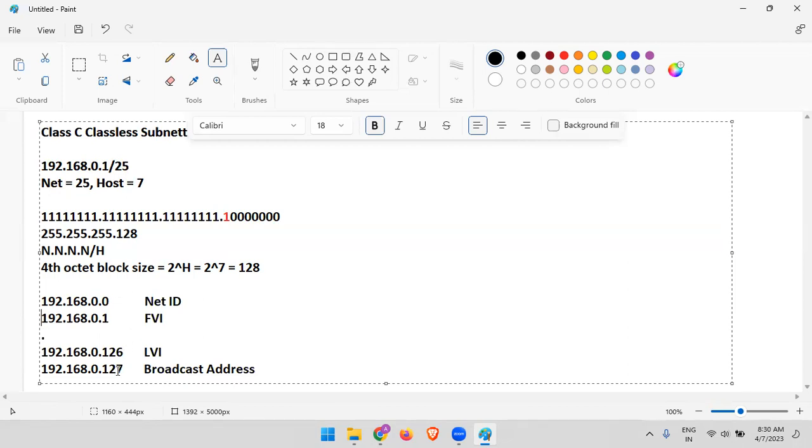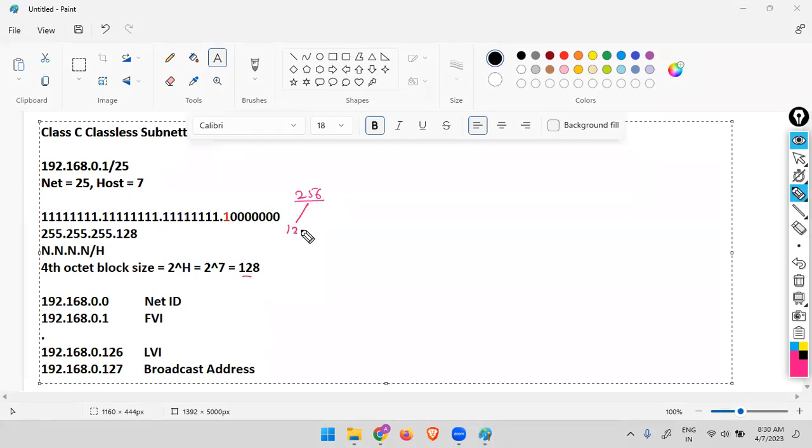What happens to the rest of the addresses? In the default case we had 256 addresses in total, and I got one part of 128. The remaining part is a different network.